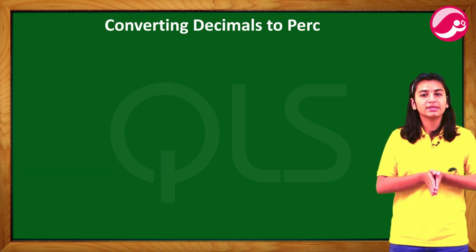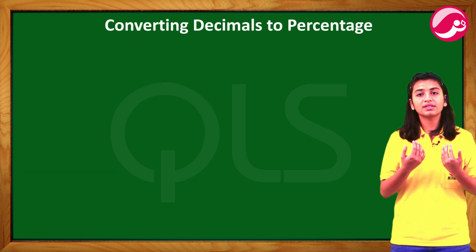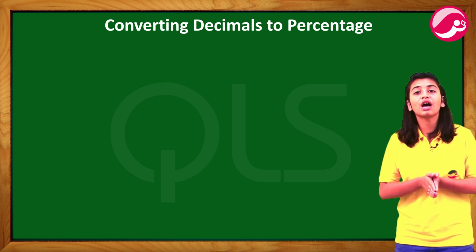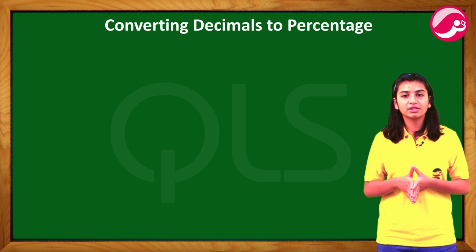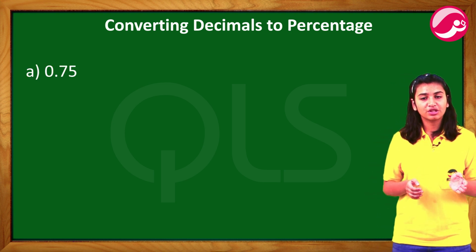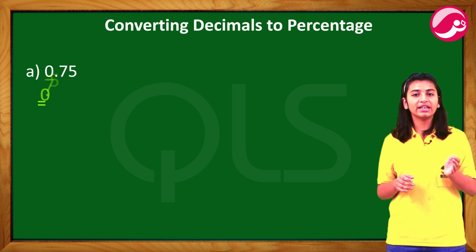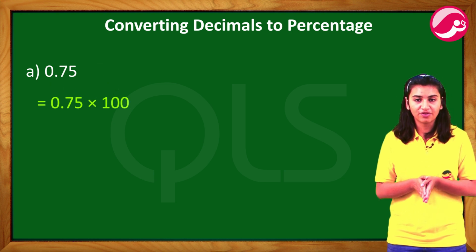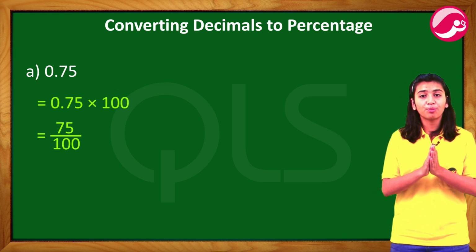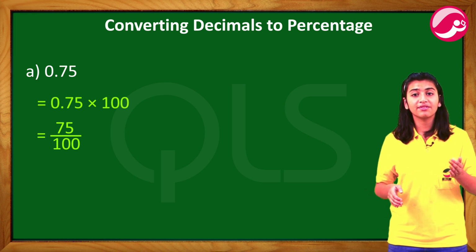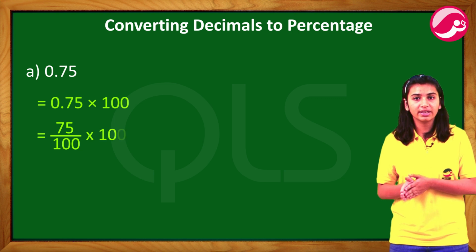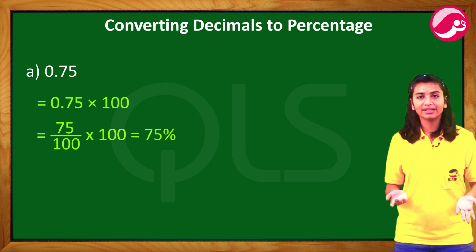Converting decimals into percentage. Now that we know the use of percentage, we have to learn how to convert fractions and decimals into it. Convert the given decimals to percent. A, 0.75. Well, we can convert 0.75 into a fraction, which is 75 upon 100, and now as done by Anwar, we can multiply 75 upon 100 into 100, which will be 75%.